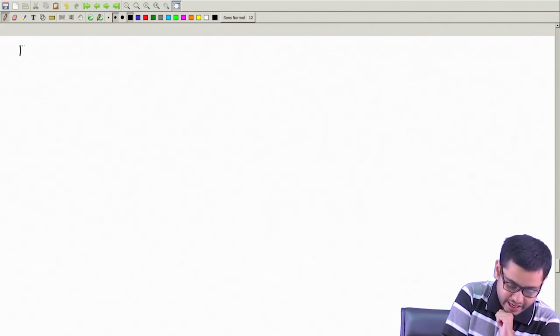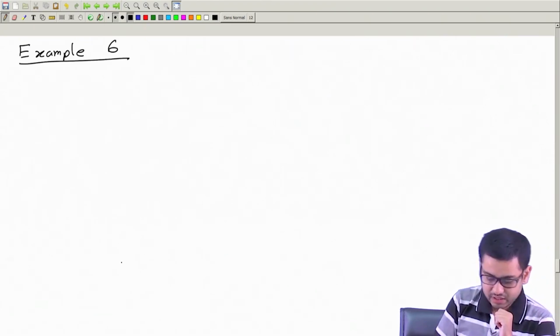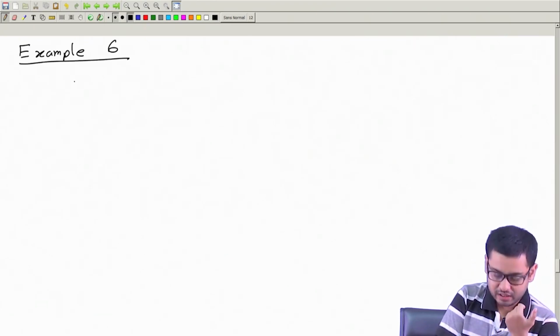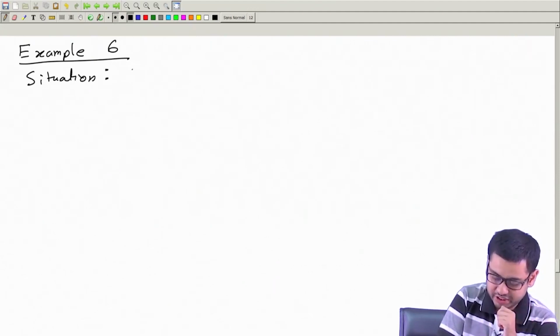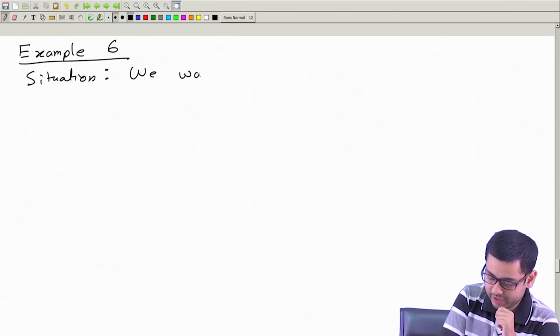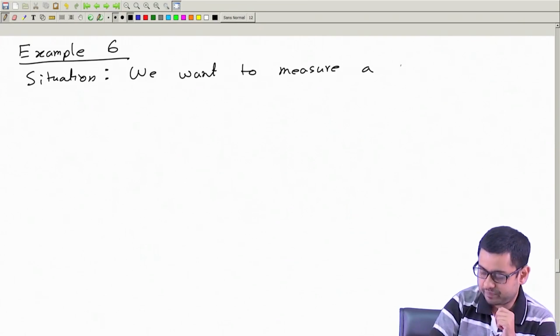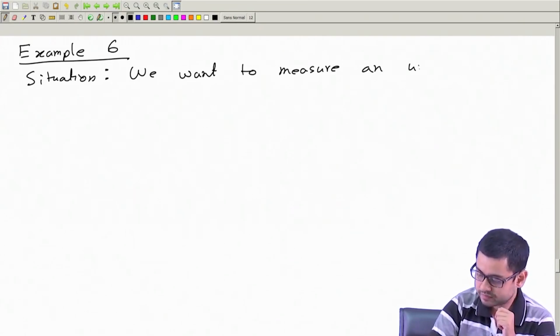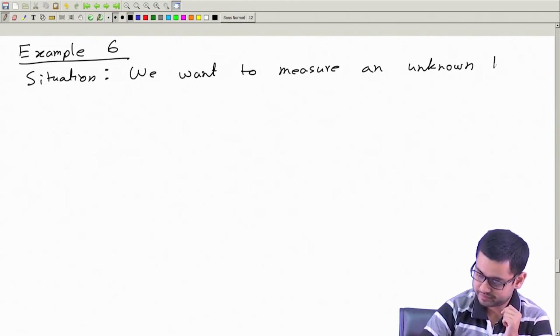Okay. So, now let us take another example, example 6 I guess. Let me describe a situation. The situation is that we want to measure a capacitance, an unknown high voltage capacitor.